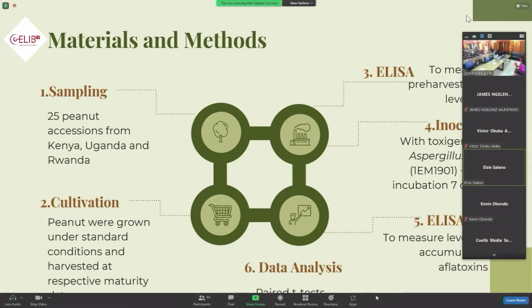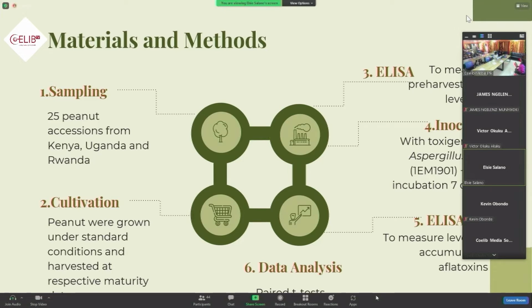After that, the accessions were grown under standard conditions because they had been collected from different areas, so it was necessary to subject them to similar conditions in the farm. The different varieties were harvested at respective maturity dates, shelled, and then sent to the next step of analysis.